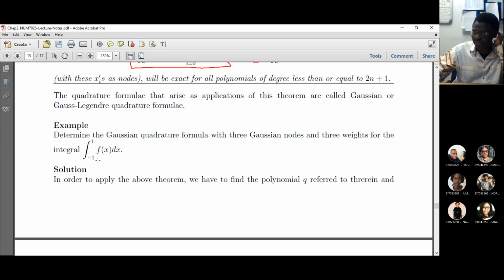Obviously, if you can integrate from -1 to 1, afterwards you can replace this with a general interval AB, just through a change of variable. So we do that with -1, 1, but once this is obtained, we can define the same rule, but with an arbitrary interval AB. We will see that in the subsequent section.